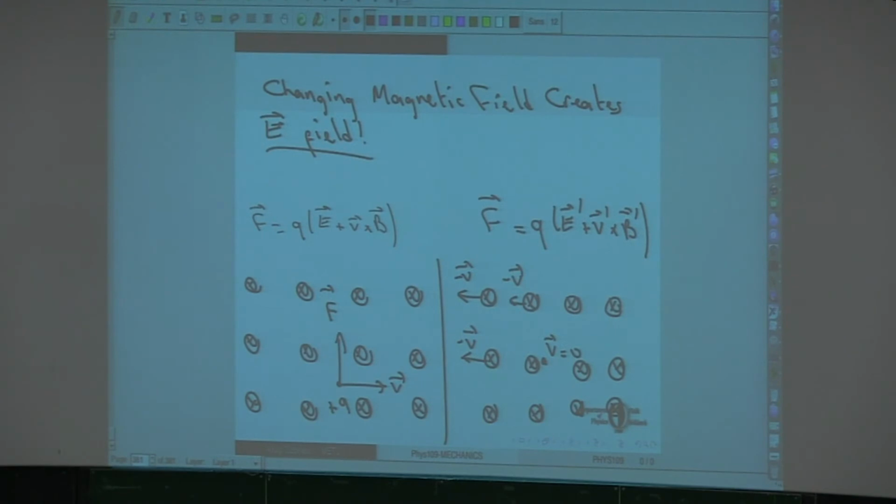It's not always true. Well, the inverse, as I said, let's first discuss the fact that a changing electric field creates a magnetic field. Other questions? You still don't look happy about this fact?